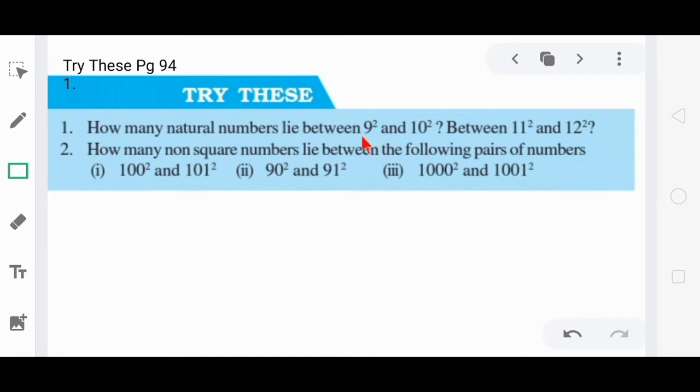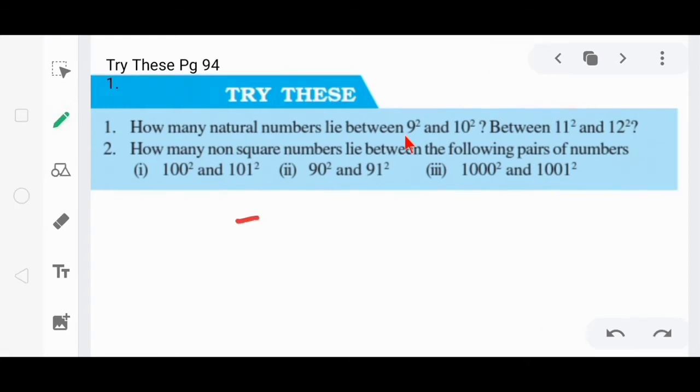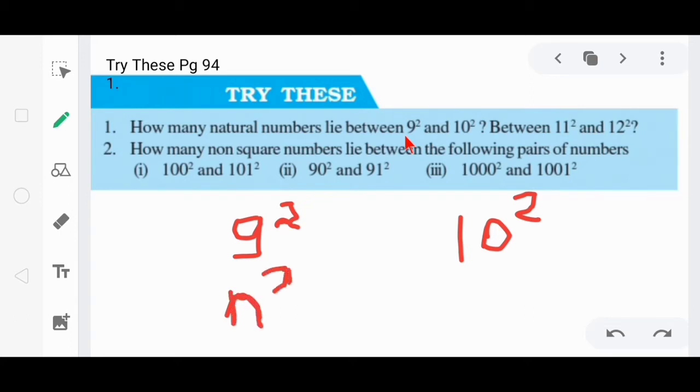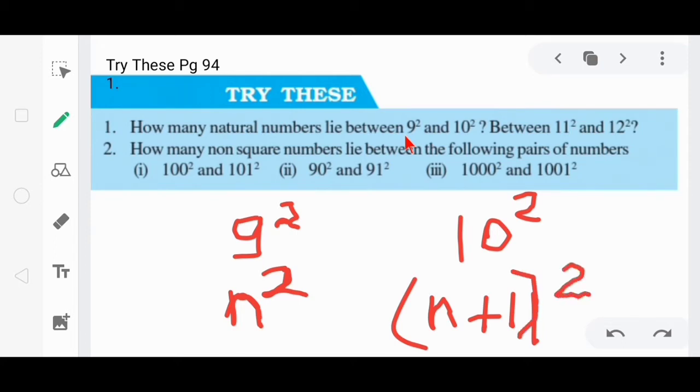So if you are given 9 square and 10 square, this is our n square and this is our n plus 1 square, which is 1 more than n. So 10 is 1 more than 9.